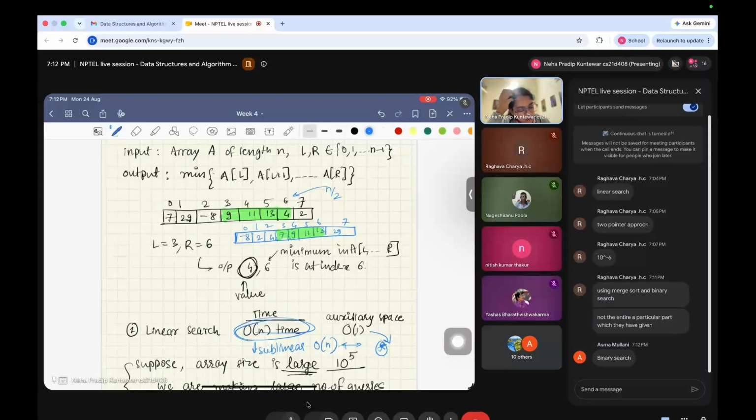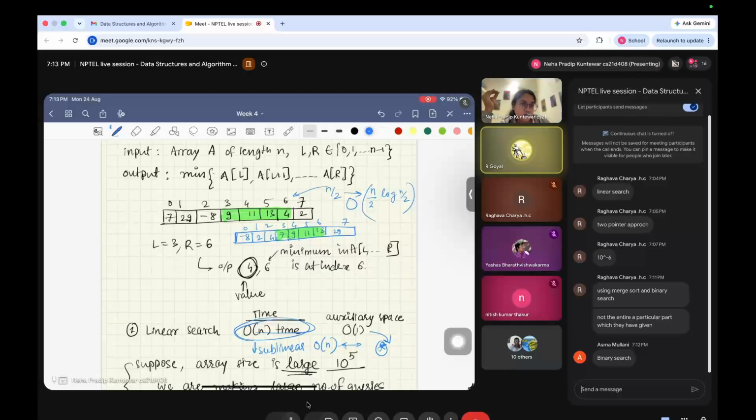Now if you apply your sorting algorithm here, you would be spending at least n by 2 times log n by 2 time, which is worse, right? Because your sorting algorithm requires order n log n time.